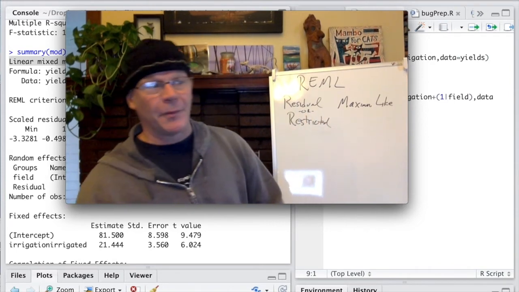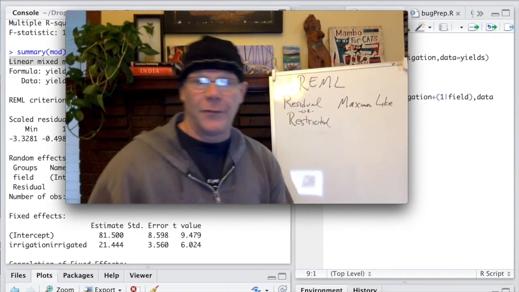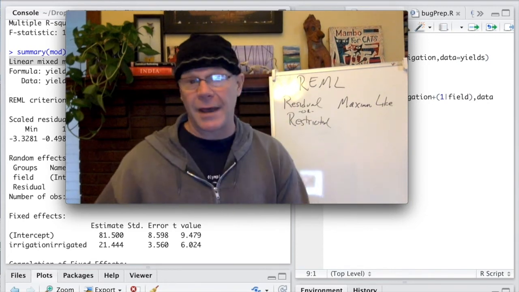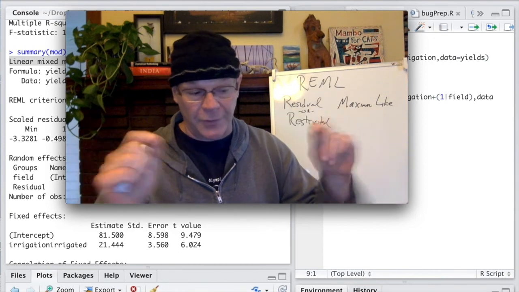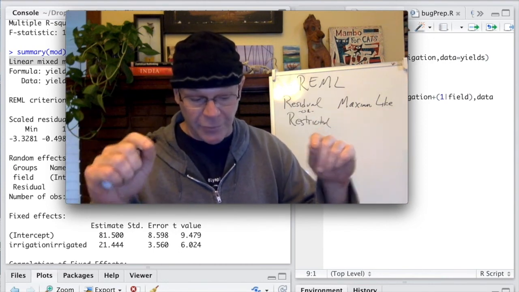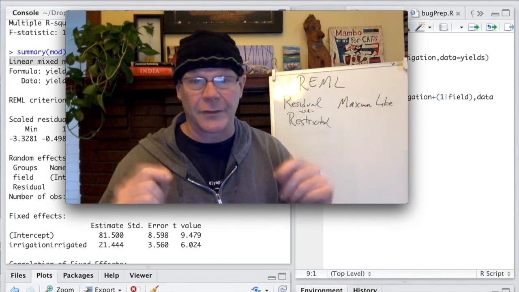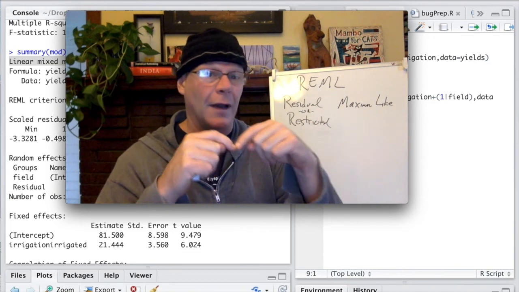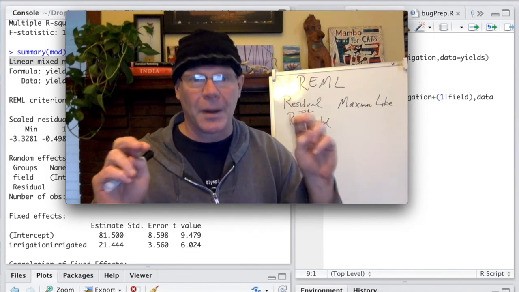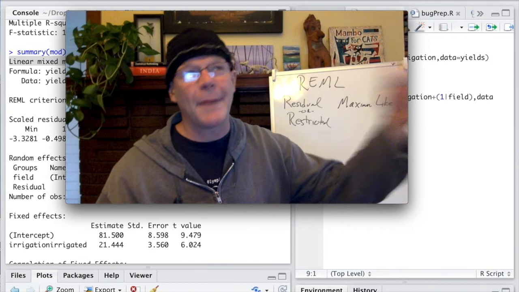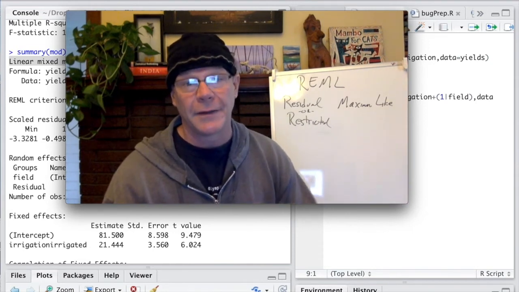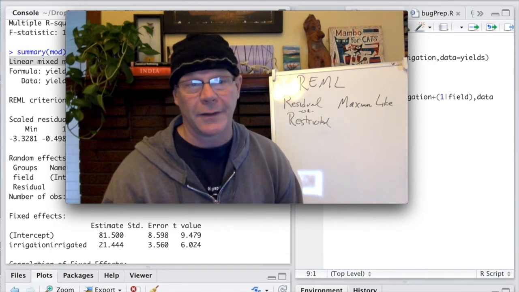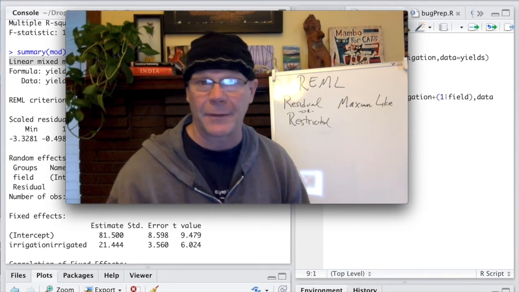So for example, with the maximum likelihood estimate for the standard deviation, all of those data points that are used to calculate the variance are going to be closer to our estimate of the mean than the true population mean. And if you remember way back early on, that's one of the reasons why we have that n-1 in the denominator when we calculate the variance. It's to get rid of that particular bias.